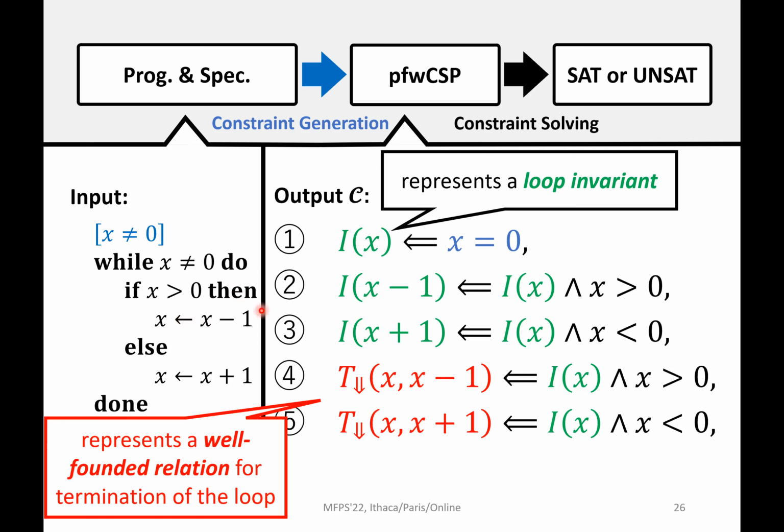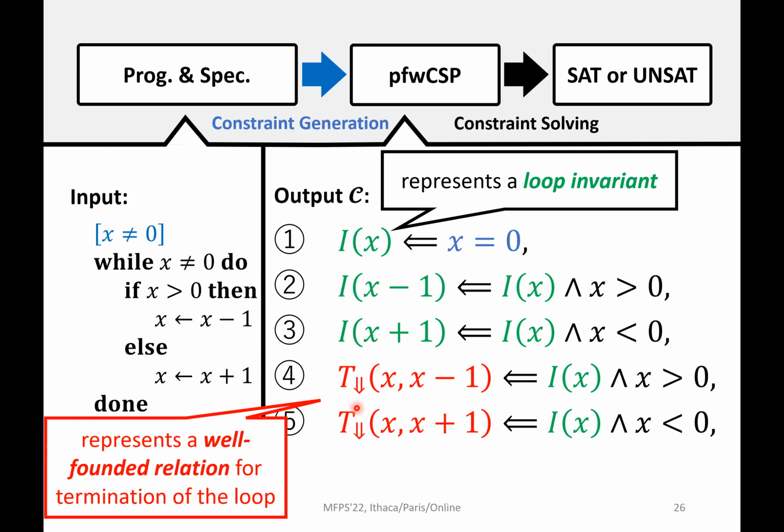In the then branch, X is decremented, while in the else branch, X is incremented. In both cases, the change of X needs to be well-founded for the termination of the loop.